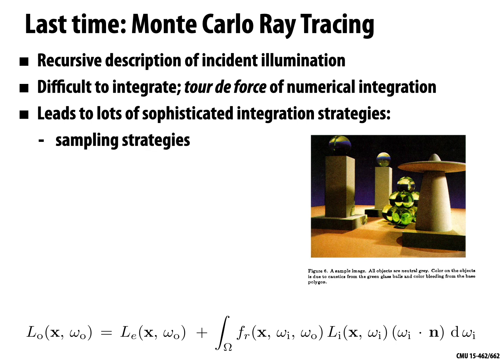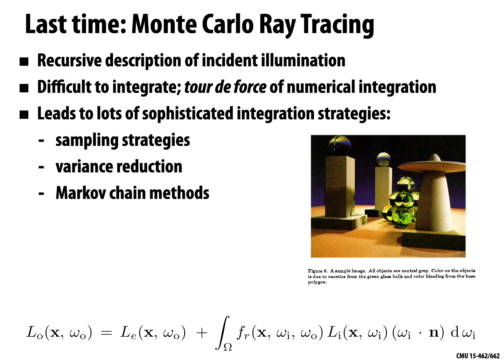So we've been talking about sampling strategies, we've talked a little bit about variance reduction, and today we're going to see more interesting things, Markov chain Monte Carlo methods, and so on, which help to get a better image with fewer samples or less effort.